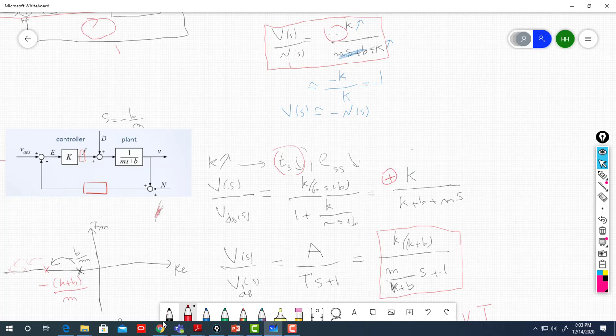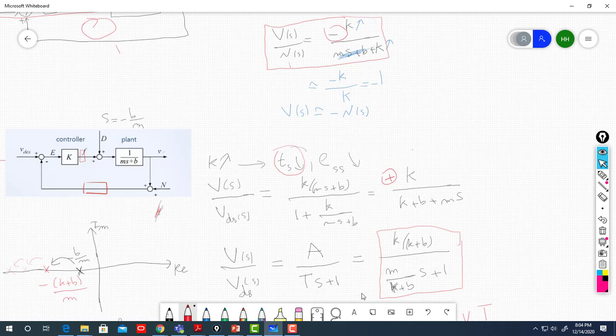They have the same denominator as well. And we saw before that V over V desired has the same denominator as V over D. So here we are also seeing that V over N and V over V desired have the same denominator, but with a minus in the numerator. This is an important finding.